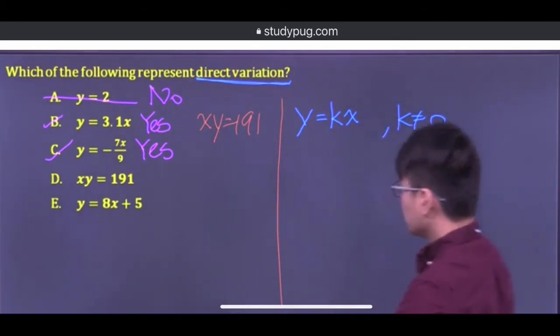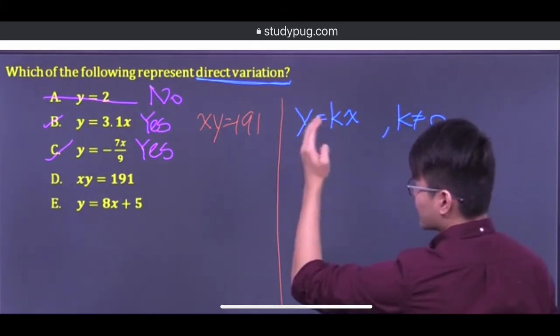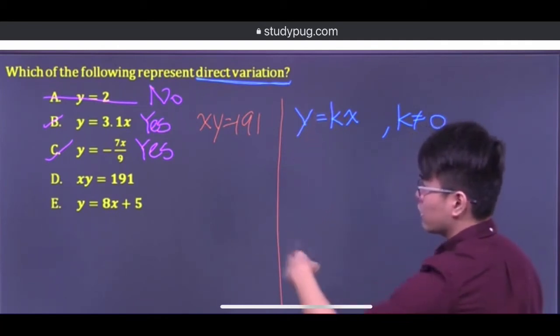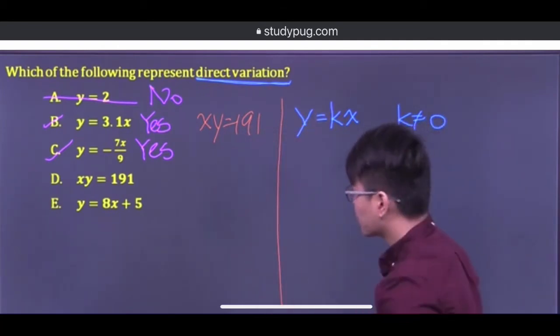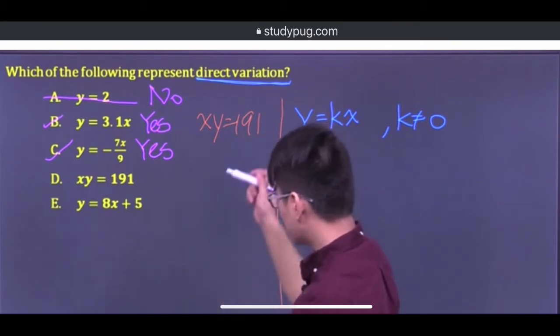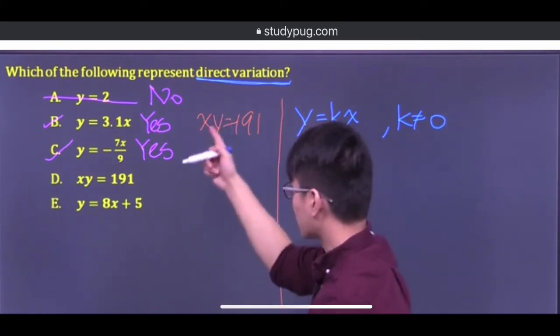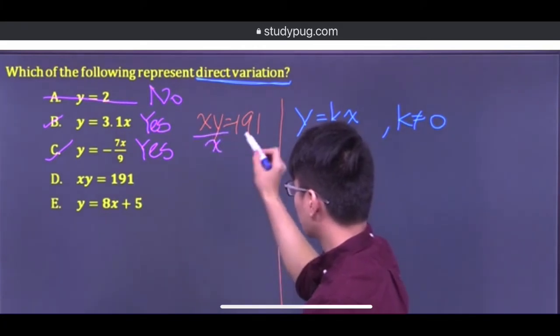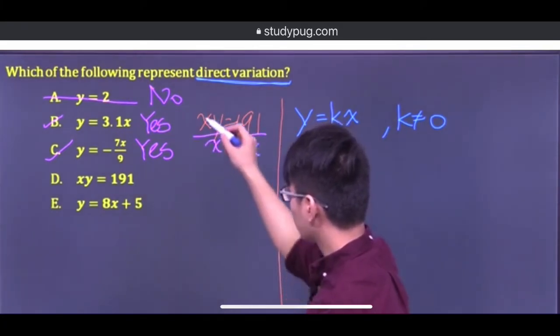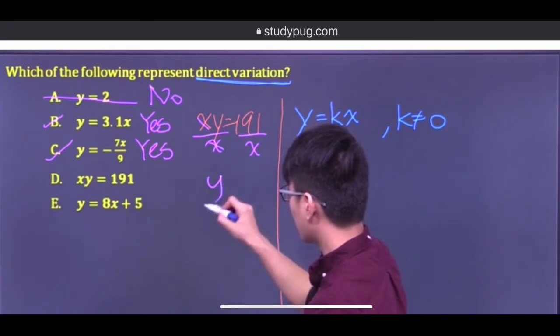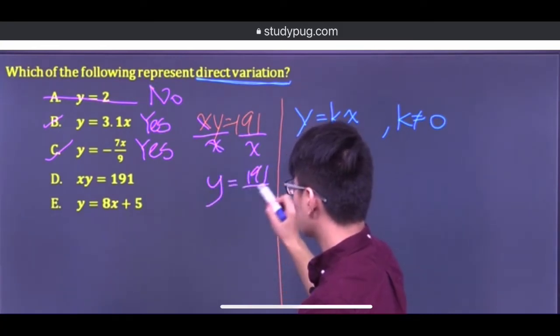Our direct variation expression has a y isolated on the left side, so let's try to isolate our y here. By isolating y, we need to divide both sides by x to move this x away. Dividing both sides by x, these two x's cancel, so we have y equals 191 over x.